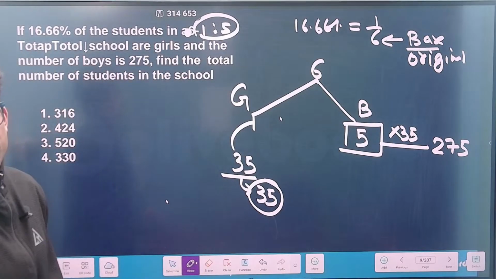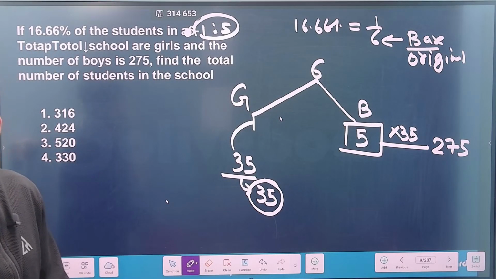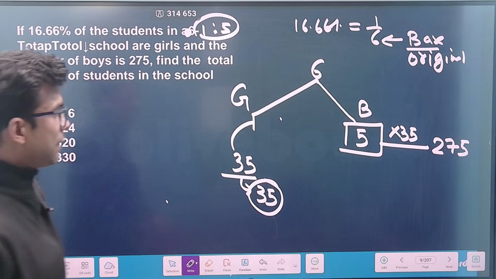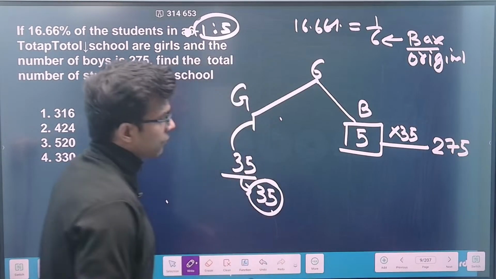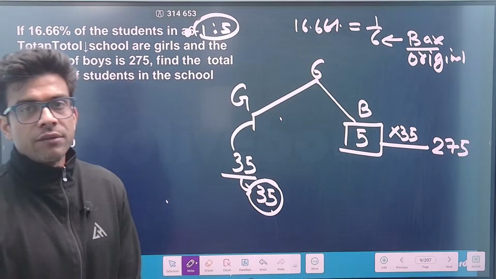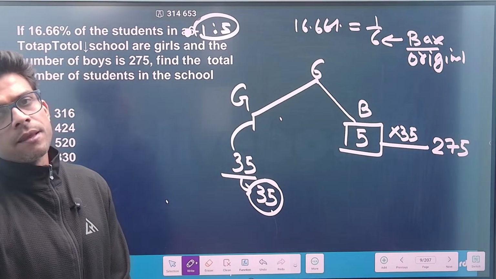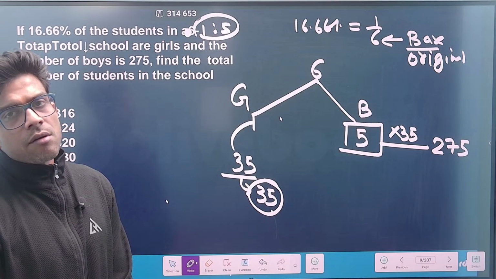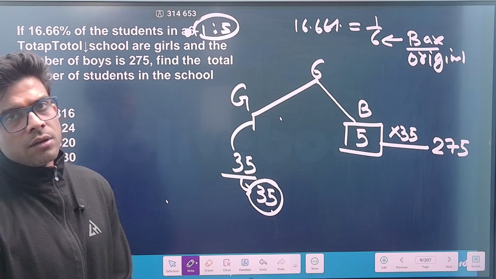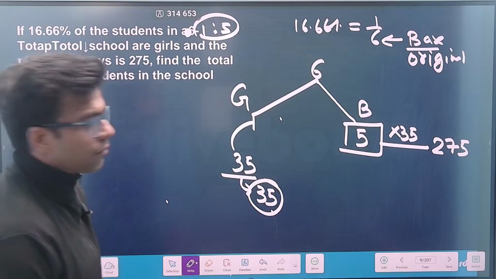They are saying please figure out the total number of students in the school. Is it clear, guys? Till now it is clear, everyone? Please comment.